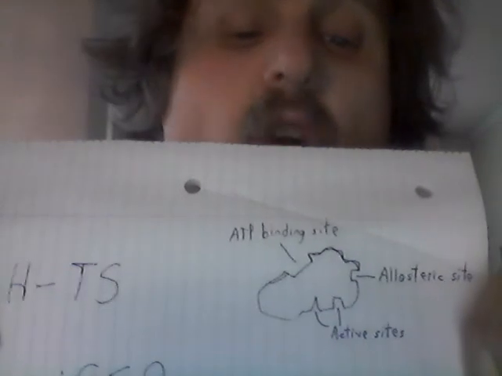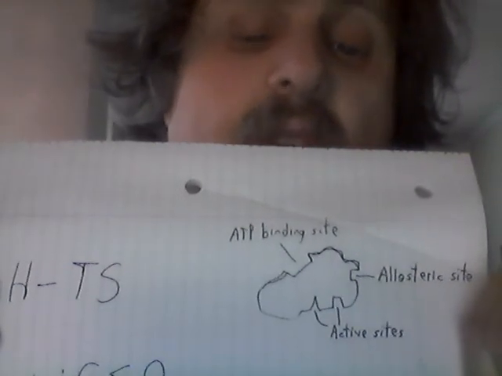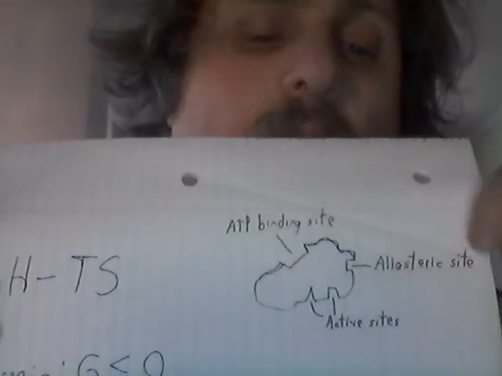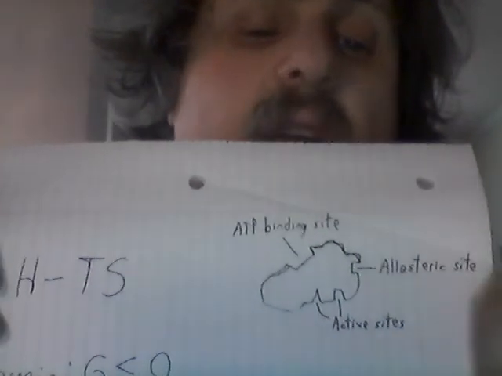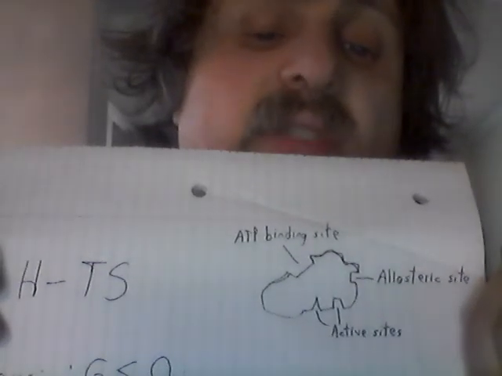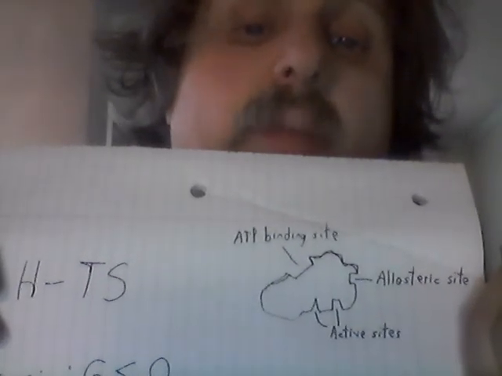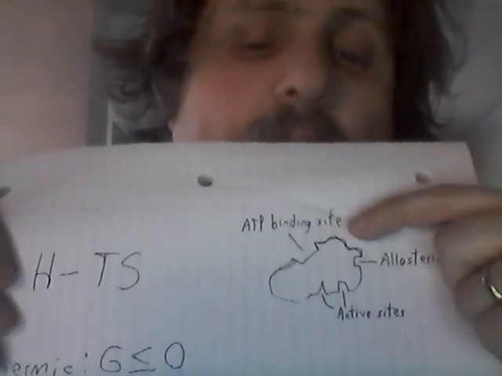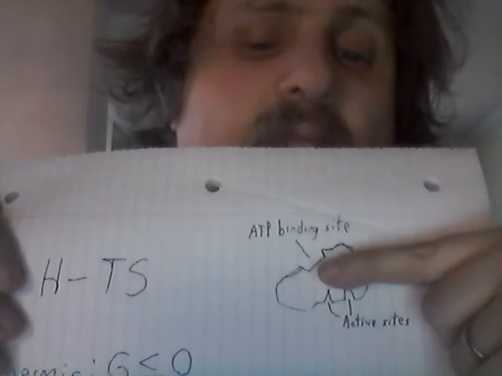Now, your enzyme always has active sites to match its substrates. Your enzyme may or may not have an allosteric site. An allosteric site is a binding site for a helper molecule that might assist the enzyme with its activities or help control it. We'll talk about that in a few minutes here. And finally, my enzyme might have an ATP binding site.